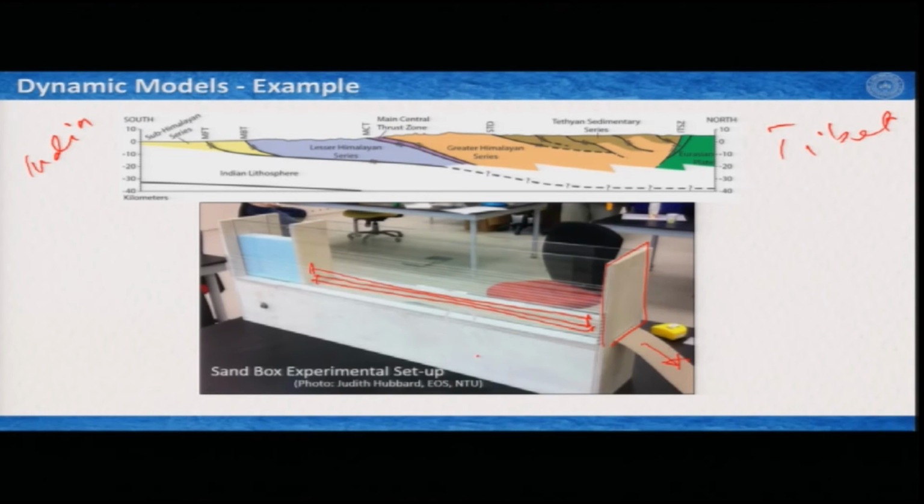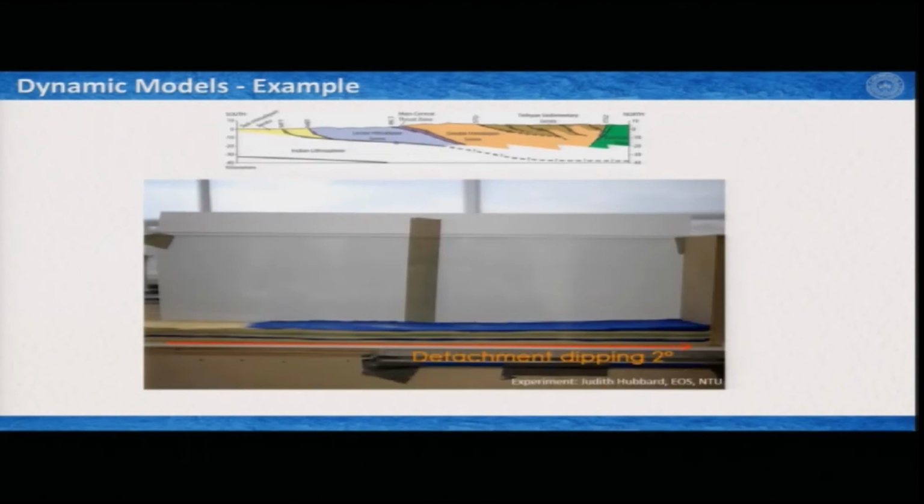Now, what you see here is that we are involving the materials, and we would like to see what is happening with them. So, this is a dynamic model; we are involving some sort of forces as well. Let us have a look at this movie and see how it works.